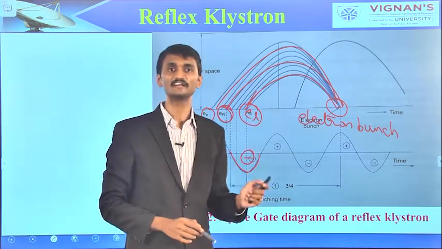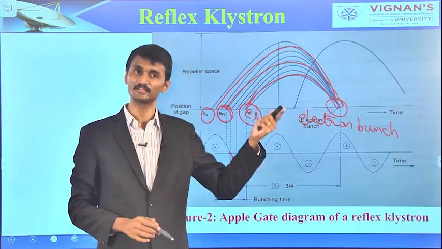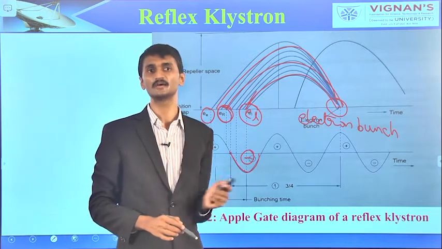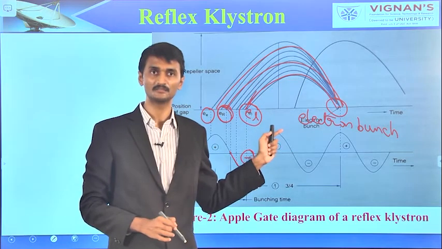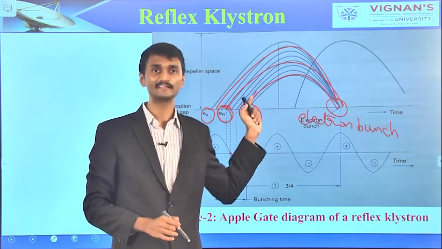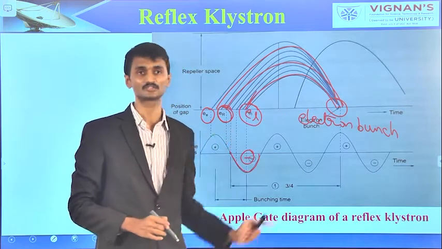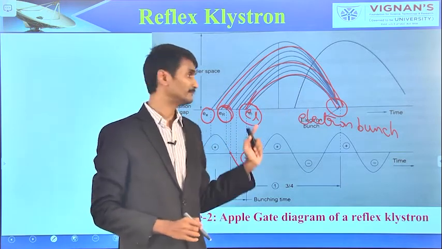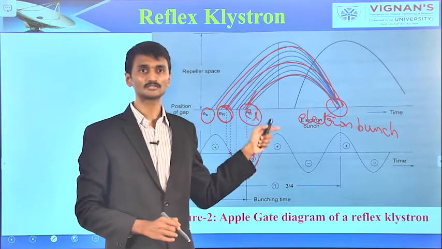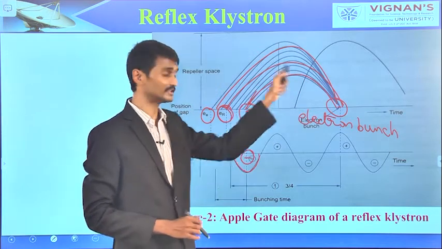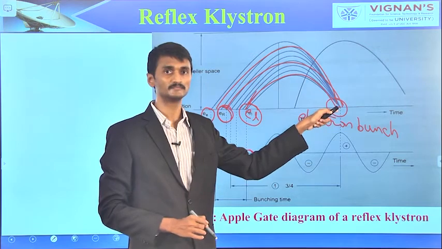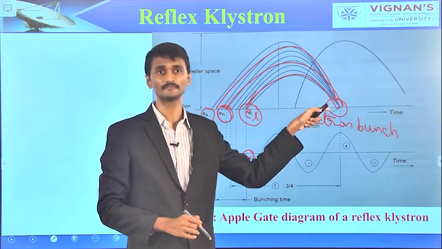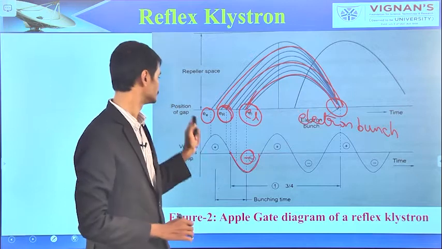This factor is not important in the Klystron amplifier, the earlier two cavity Klystron amplifier, but it is to be assumed of great importance here in the reflex Klystron. The best time for electrons to return to the gap is at the 90 degrees point of the sine wave gap voltage.